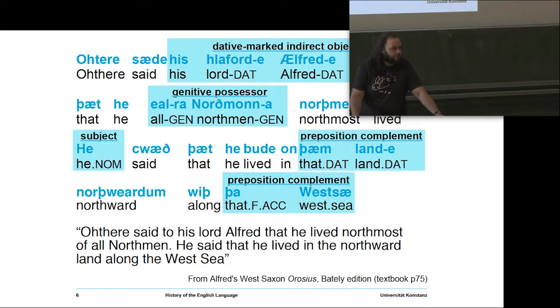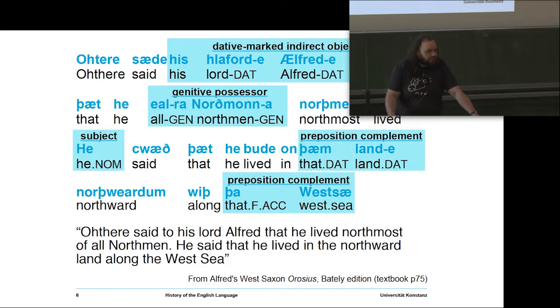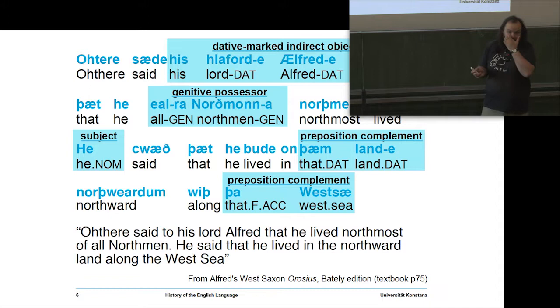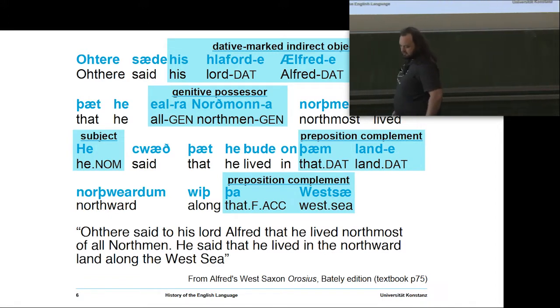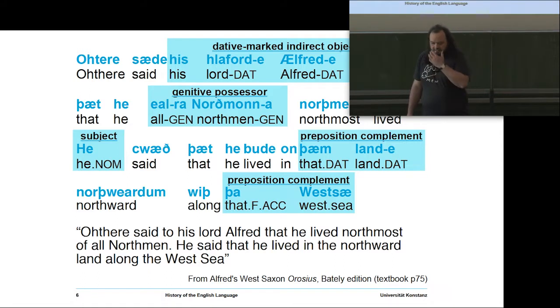Remember, this shows another property of Old English. No definite article, no necessary definite article here. Here we've got Alfred King, not Alfred the King, or anything like that. Also not King Alfred, which is what we'd expect in the present-day language. So this is a dative-marked indirect object.